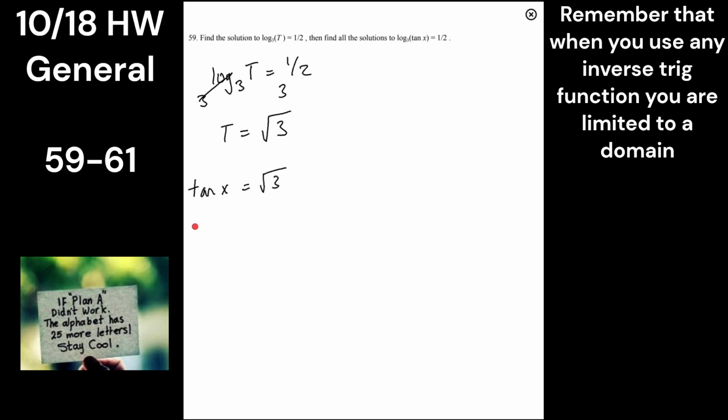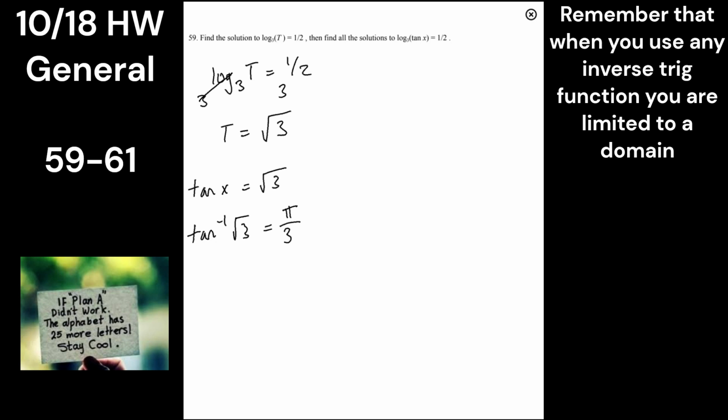And if you do inverse tan of square root of 3, you should get pi over 3, that's square root of 3 over 2 divided by 1 half. So that's when it's 60 degrees. I'm pretty sure that's 60 degrees. Yep. Sounds right. So the answer should be pi over 3.